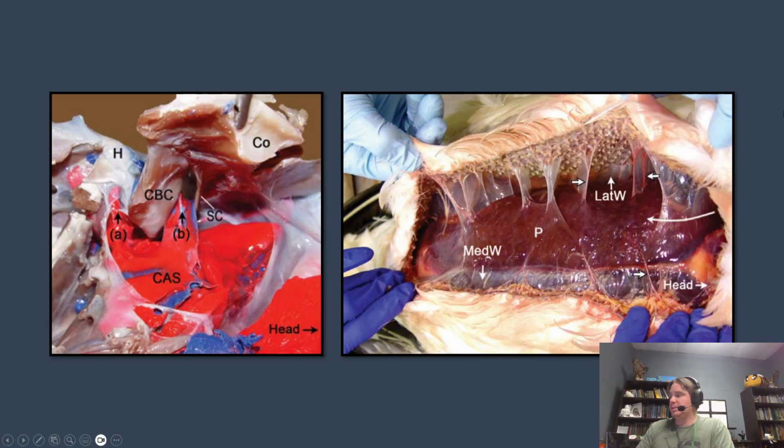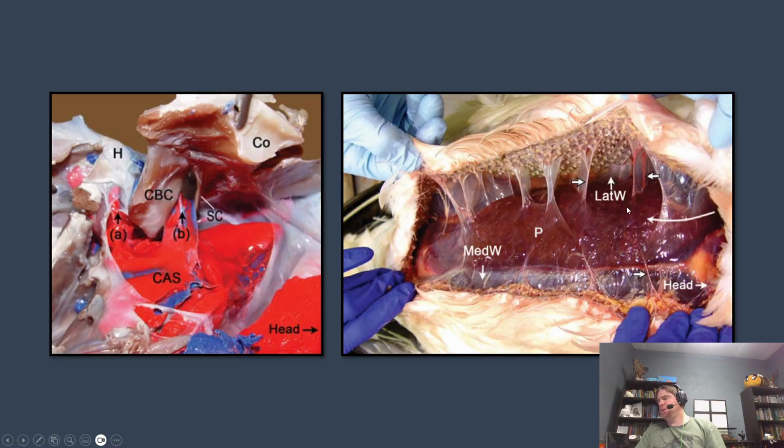And so, on this picture on the right, what you're seeing is actually from the right side of the bird's body. The head's up here. Actually, I guess that's the left side. This is the pectoral muscle. These are the lateral and median wall of the air sac.